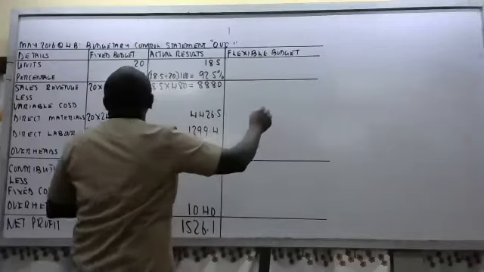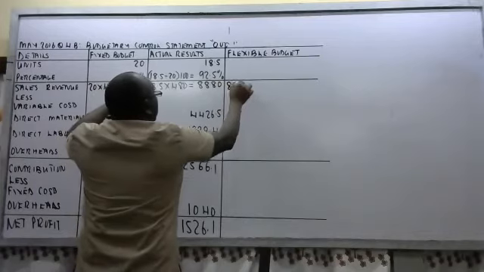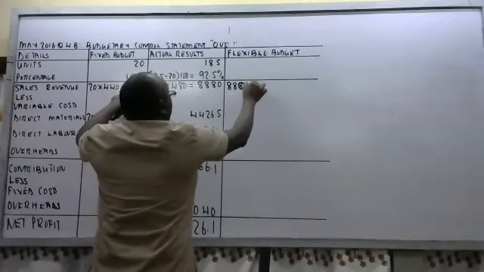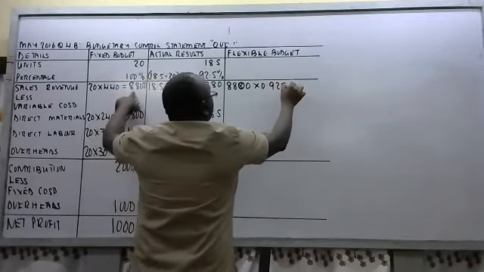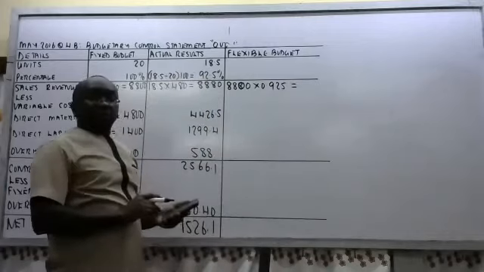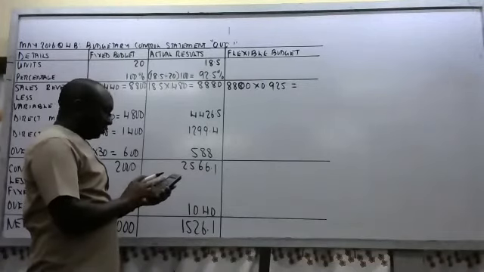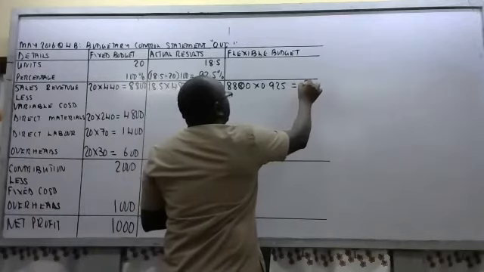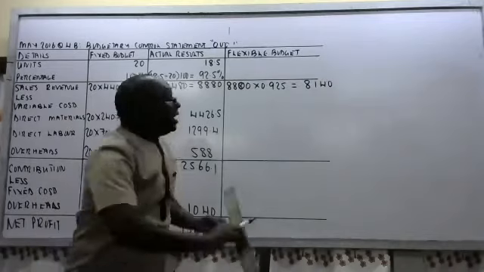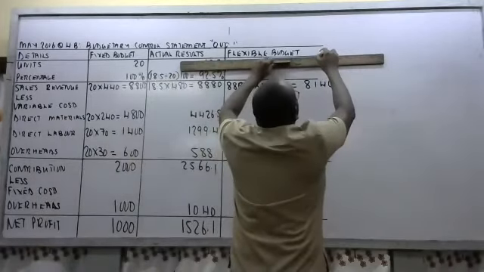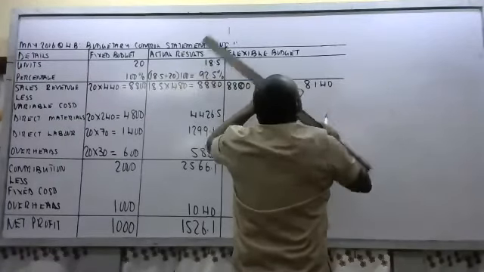So doing that, I will come here and say, this 8,800, I will multiply by this percent, 0.925. So I will say 8800 times 0.925, and I'm getting 8140. So that is the first figure in my column for the flexible.